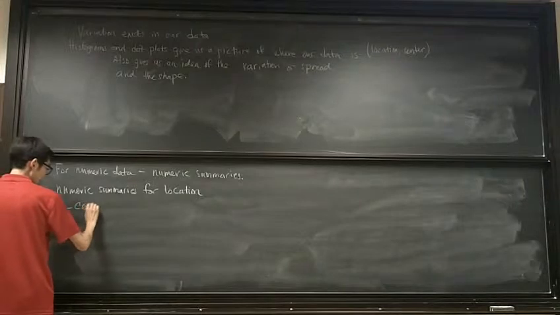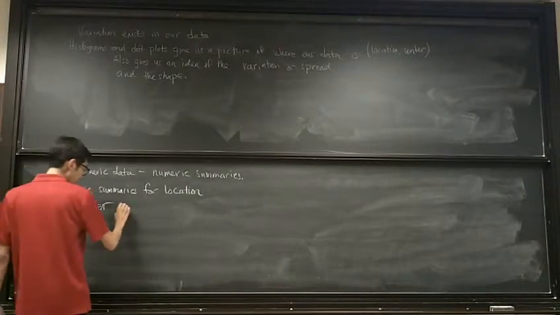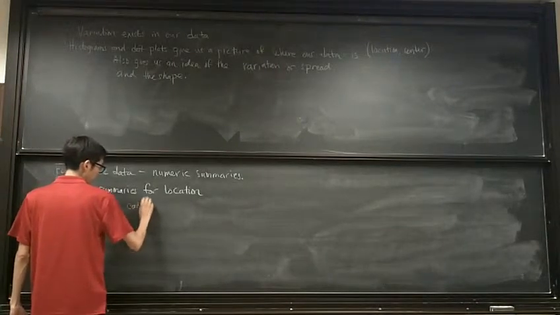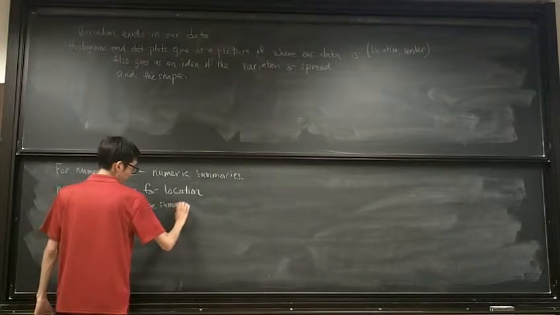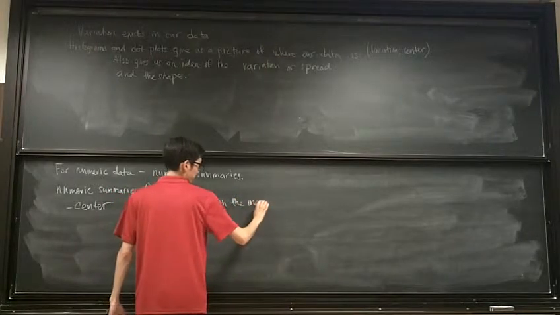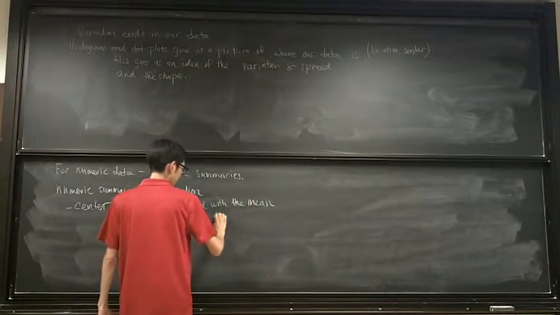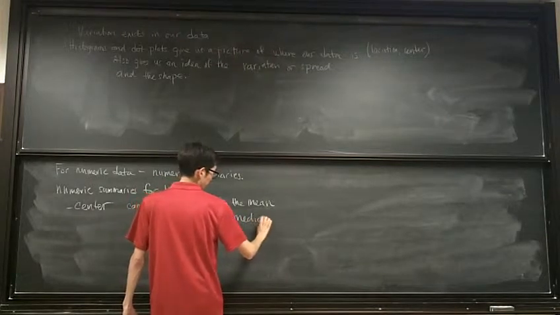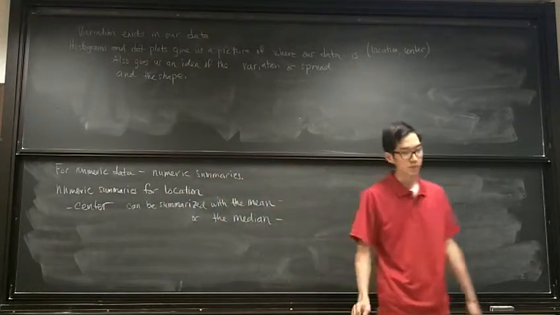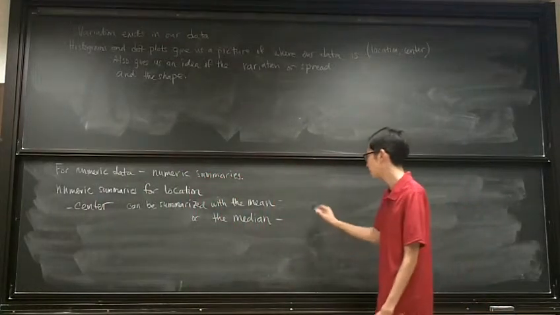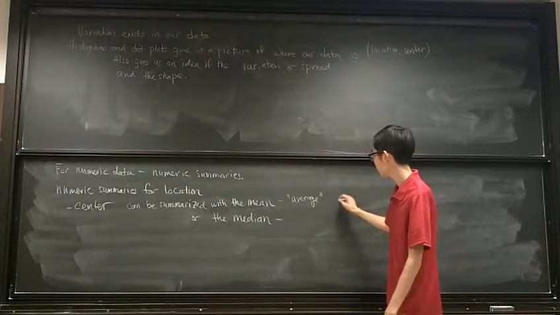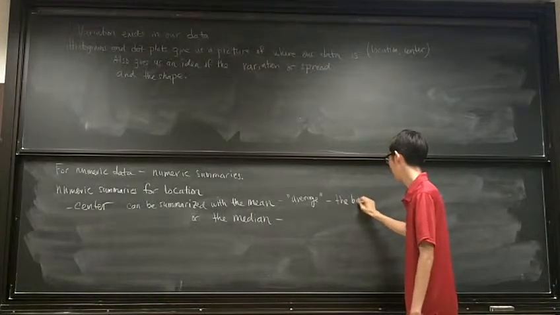In particular, we have the center, which can be summarized using the mean or the median. The mean is what we typically think of when we hear the word average. This is the balancing point of our data.